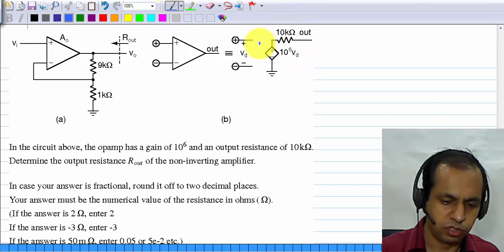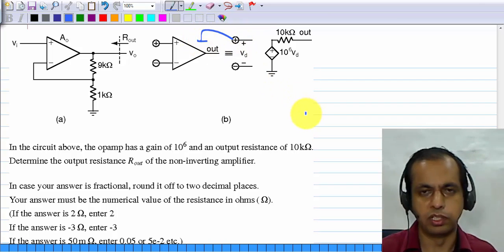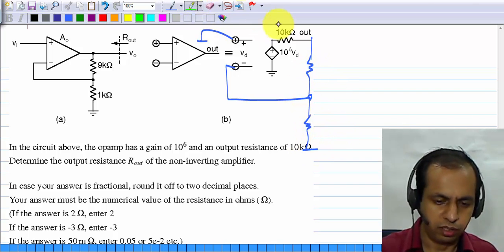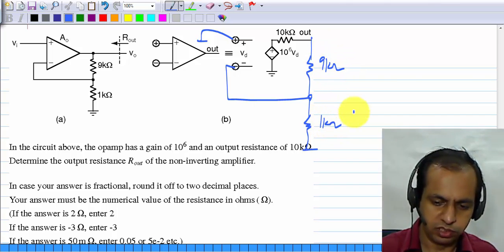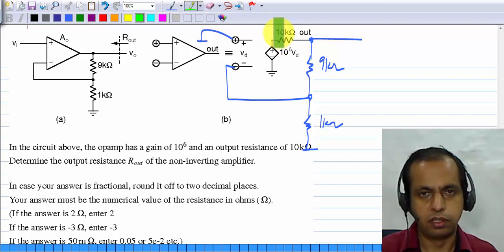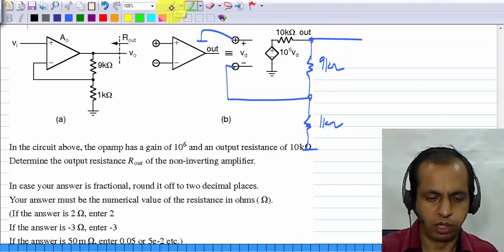Okay, so to calculate the output resistance, you ground the input, you set the input to 0, and I'll draw the rest of the circuit. Normally, when the resistance that you connect is the same as the output resistance, it looks like performance will be very poor, but now we'll see what happens.